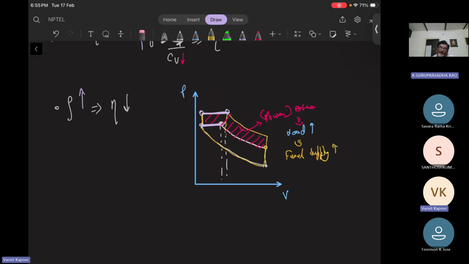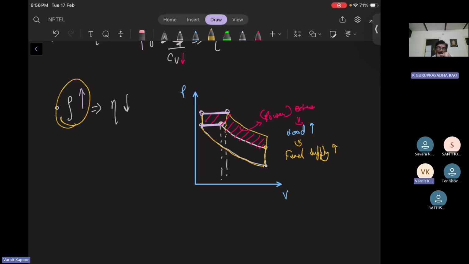If the increase in power is more compared to the increase in fuel supply, then the efficiency may increase also. That is what ideally we want: without increasing the fuel supply, we want more power to be generated, right? But here, when we are increasing rho, that means we are providing more fuel supply. How much power is increasing and how much fuel supply is increasing?